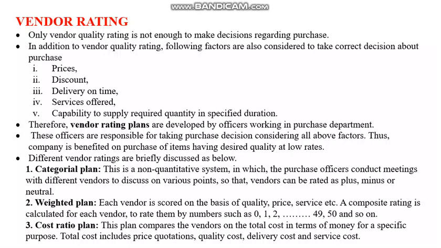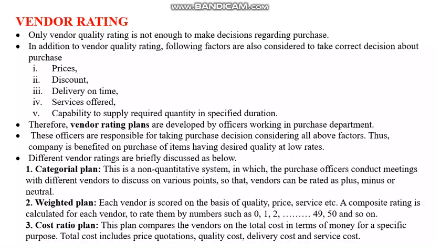Therefore, vendor rating plans. Now here there are plans. Vendor rating plans are developed by the officers working in the purchase department. These purchase department people, who are purchasing things from the vendors or suppliers, will be using some vendor rating plans. Now you may ask, what are these plans? Some 3 plans are listed here.